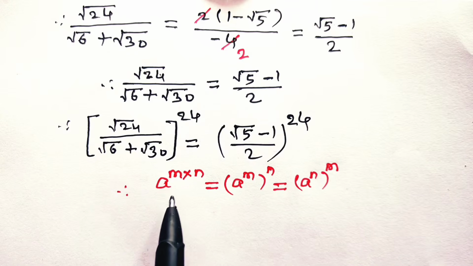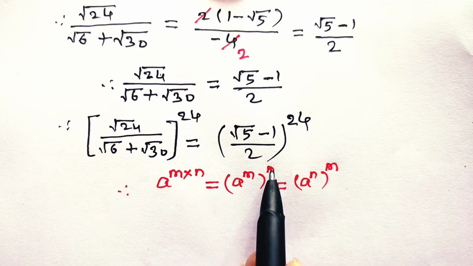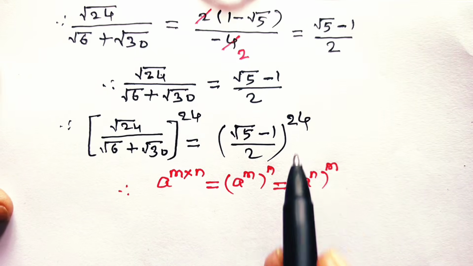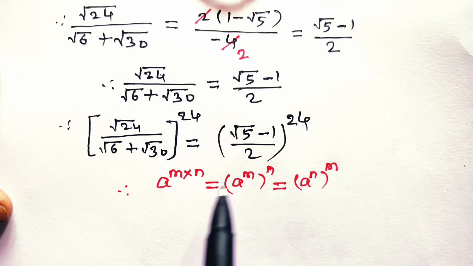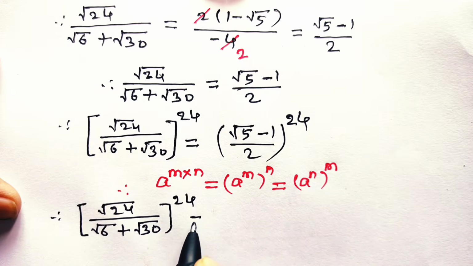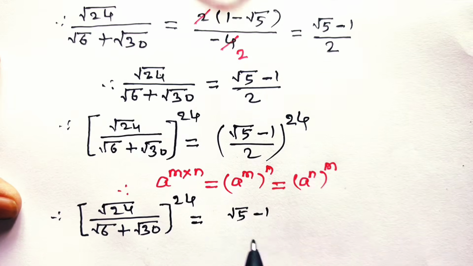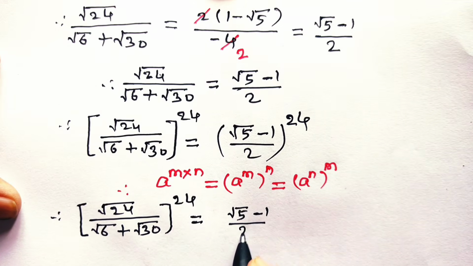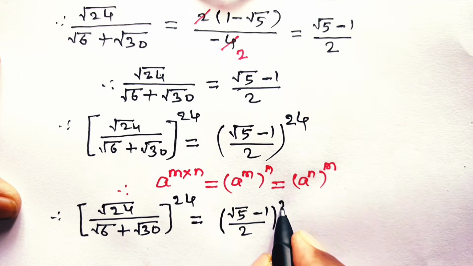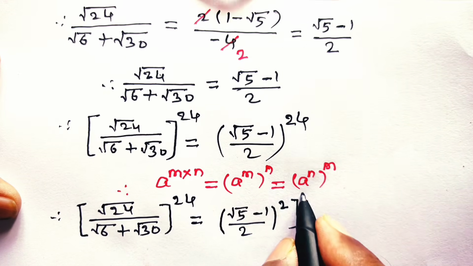Since we know a to the power m into n is equal to a to the power m to the power n, which is equal to a to the power n to the power m, so this 24 we have to express in this form. Hence, this is equal to, we can write square root of 5 minus 1 divided by 2, its power 2, and again its power 12.